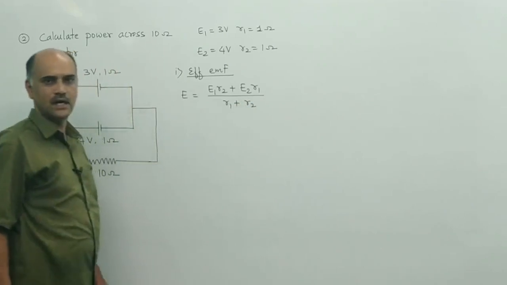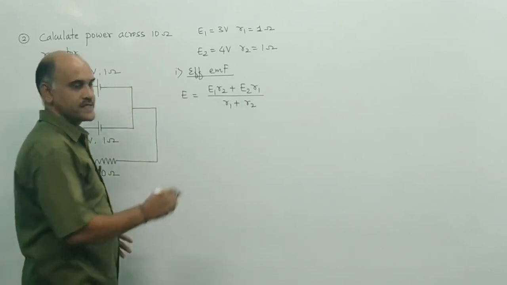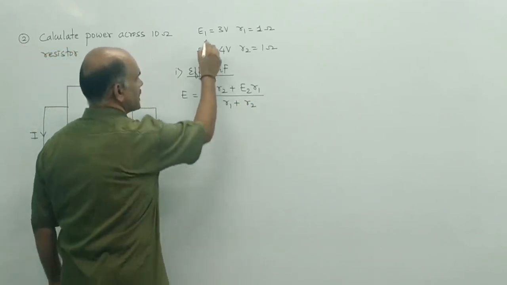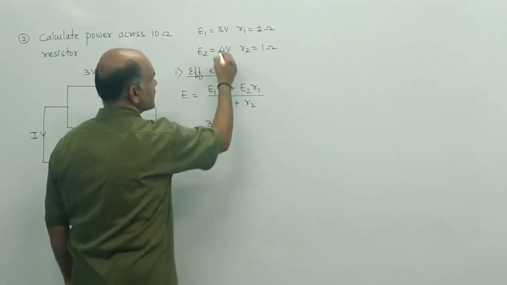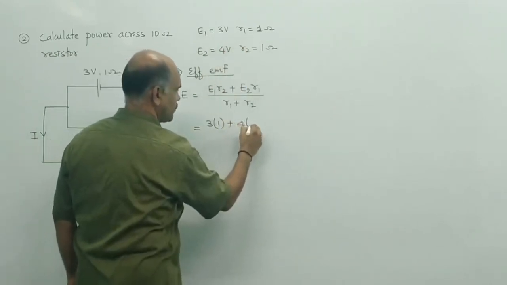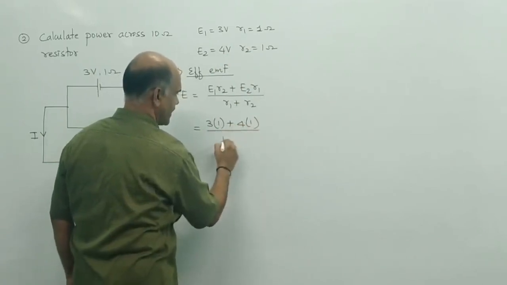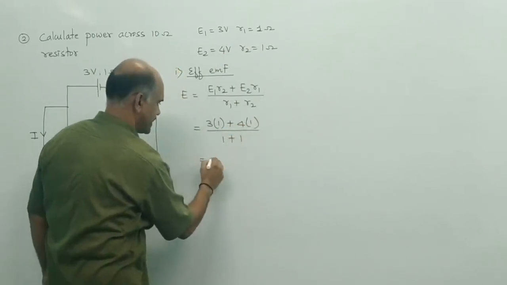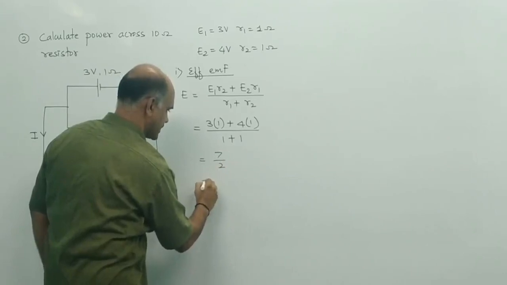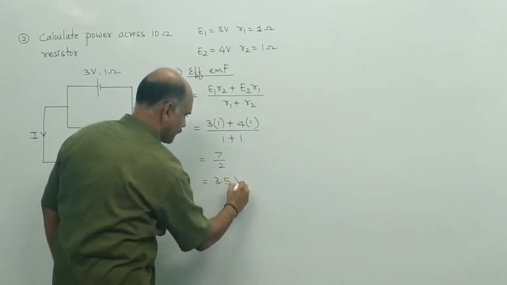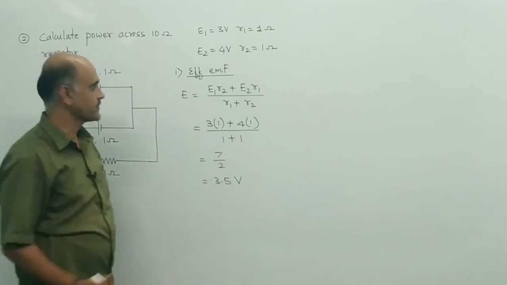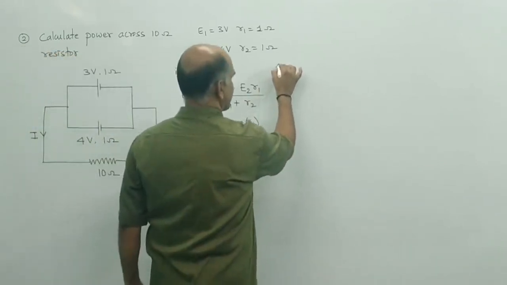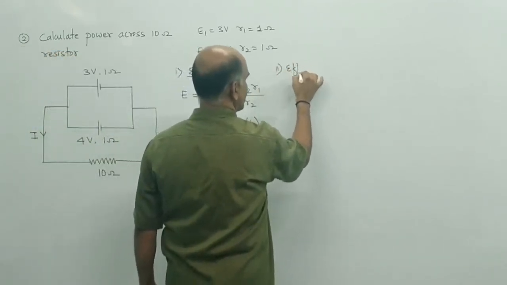If I substitute, 3 into 1 plus 4 into 1 divided by 1 plus 1. So that is 7 by 2, which is 3.5 volt. This is effective EMF.